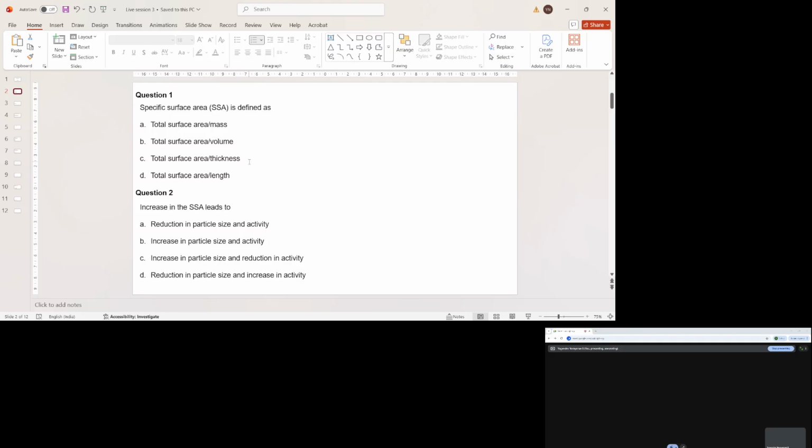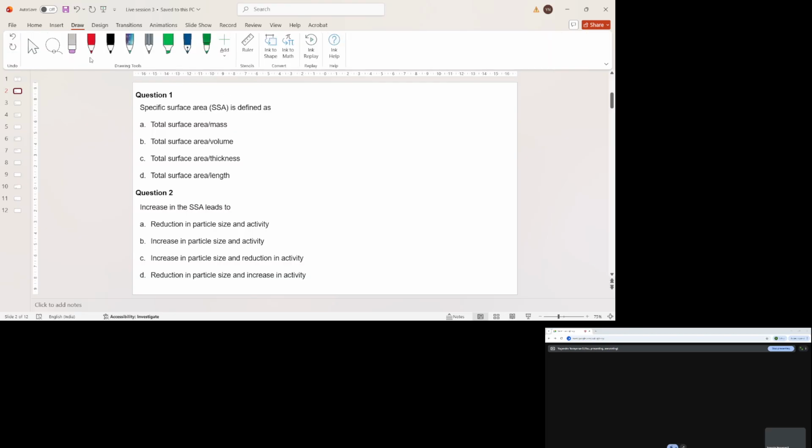Specific surface area is defined essentially as total surface area per mass. SSA is equal to total surface area, TSA, by mass.